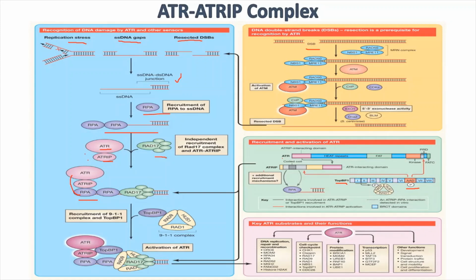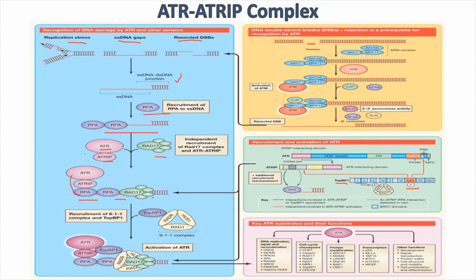So RAD17 is an RFC-like protein, which is part of the replication complex, and RAD17 along with 4 subunits of RFC forms the RAD17 complex, and that is also brought to the site of damage, and it adheres to the RPA.